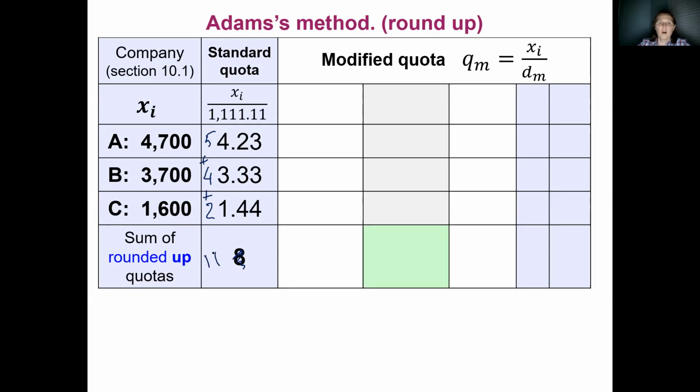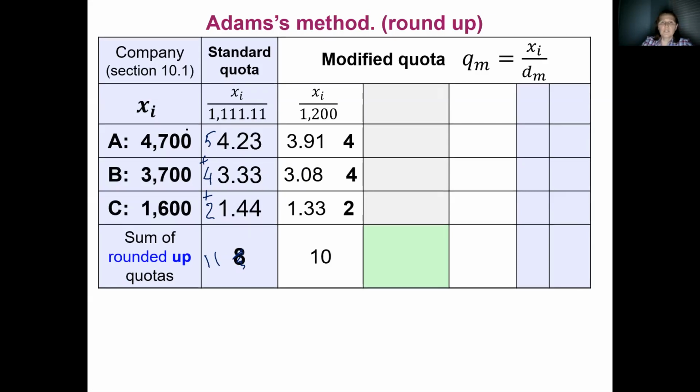We need 9. So to reduce these numbers, we must increase the divisor. So let us take 1200. Now, if we round it up, we will get 4, 4, and 2. The total is 10. It is still more than 9.